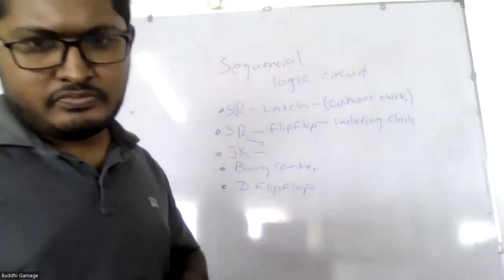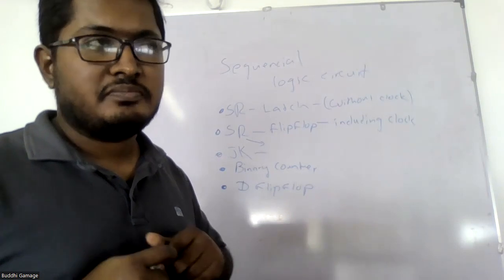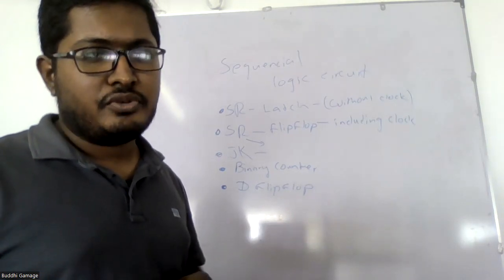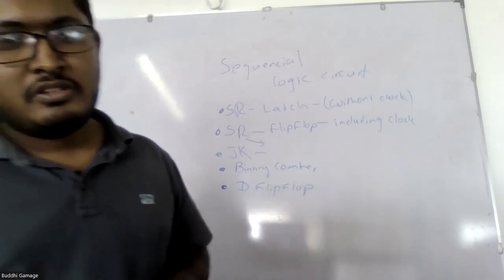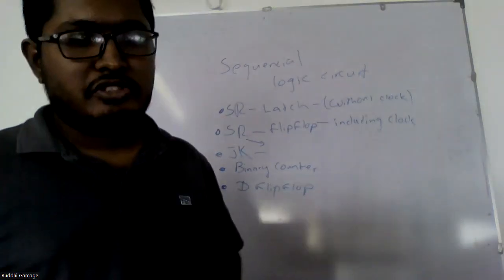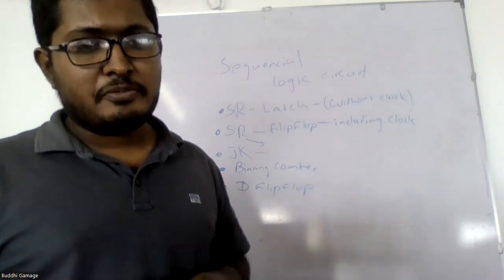Right. So as I mentioned, combinational logic circuits are perfect for situations that require immediate application of a Boolean function to a set of inputs.